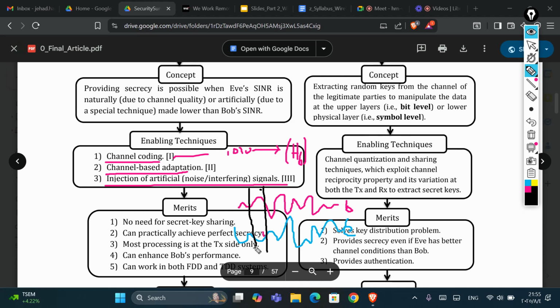Why is it an opportunity? Because Bob will be able to decode the message correctly while Eve will not. The same thing applies to the other parts of the channel. Here again, Eve's channel is better because it's going up; this is because the channel representation here is in power. So Eve's channel is going up, but Bob's channel is going down.